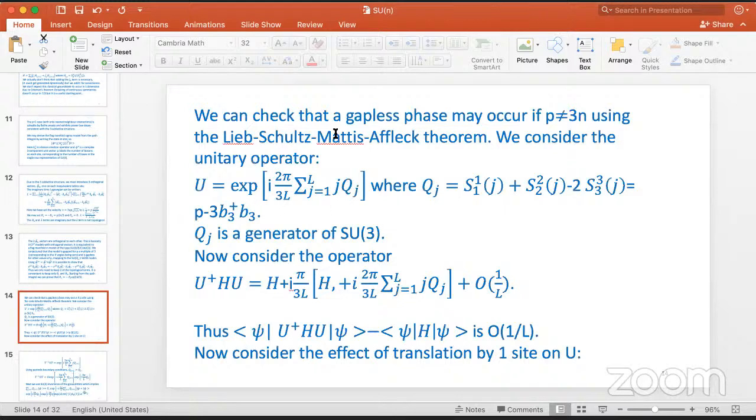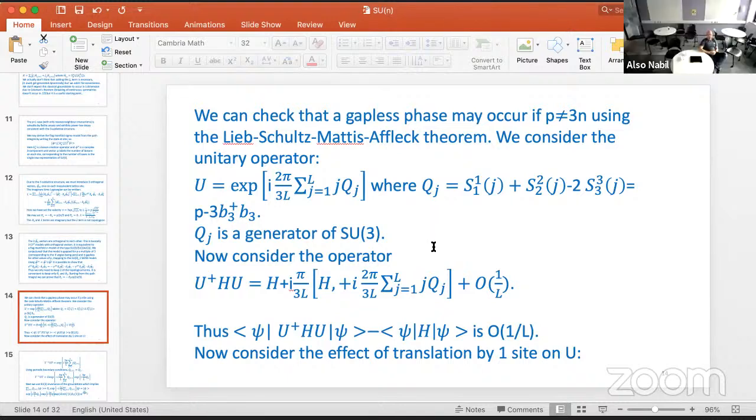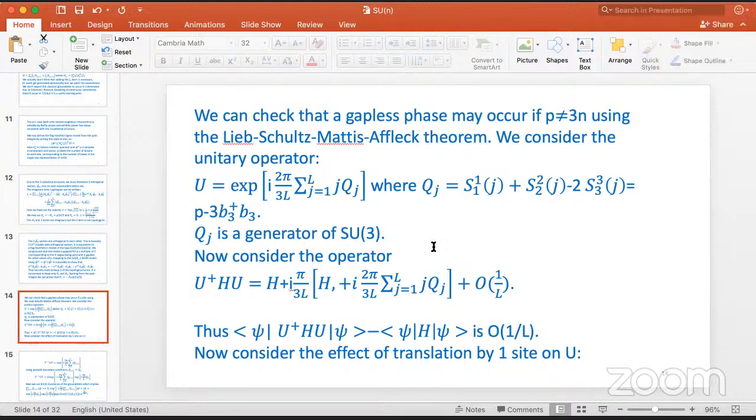I guess this operator breaks the SU(3) symmetry down to a subgroup, maybe a U(1) subgroup. So the conclusions of the theorem are actually stronger; you don't need the full SU(3). Yeah, that's right.